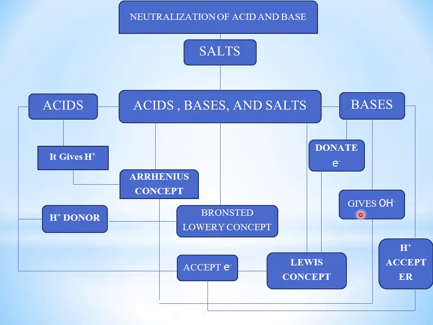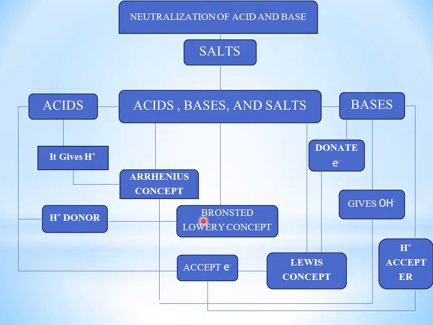If we take the example of water, when it dissociates in aqueous solution, if it gives a proton, that will be the acid, and if it gives a hydroxyl ion, that will be the base. So water can be treated as both an acid and a base.